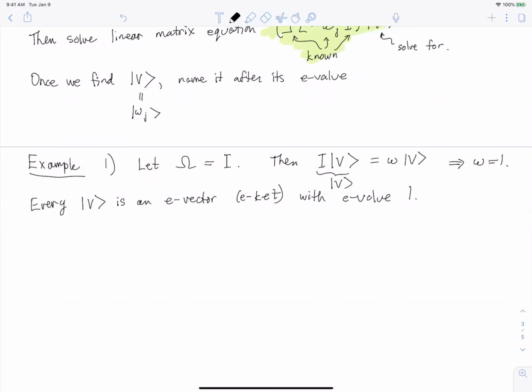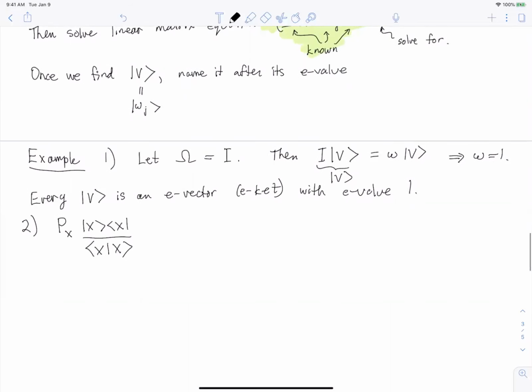All right, so that was super easy. Let's do another example of an operator that we have: the projection operator p sub x onto a ket x, which looks like this. Okay, and so then the equation that we're trying to solve is p sub x acting on our eigenvector v is some number omega that we also need to find acting on v.